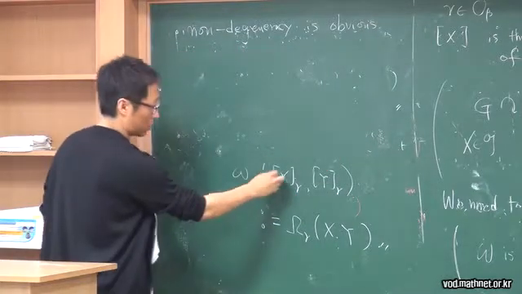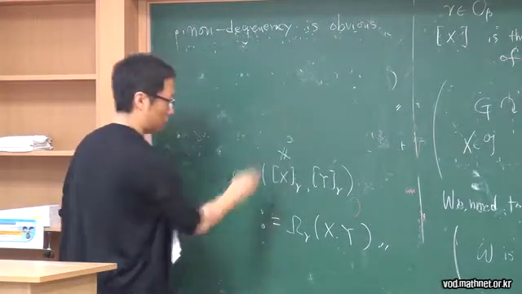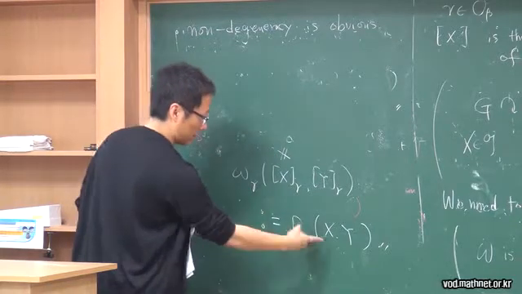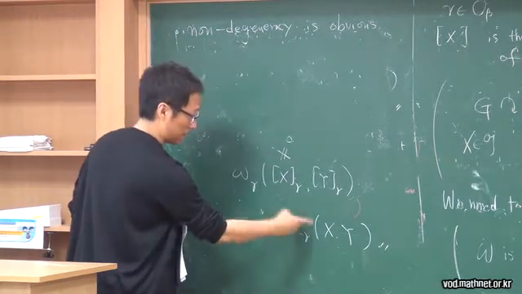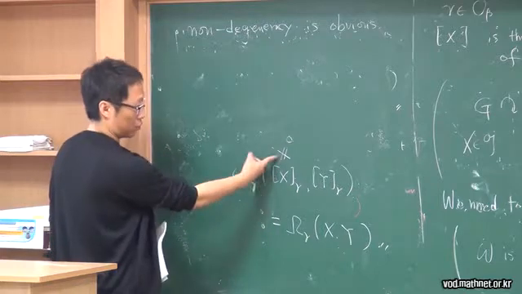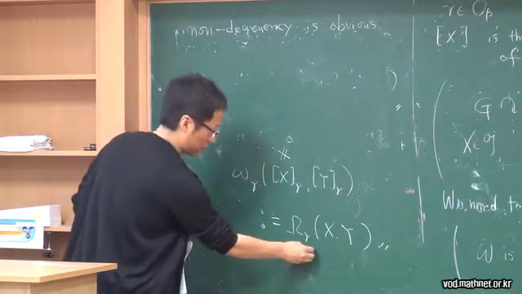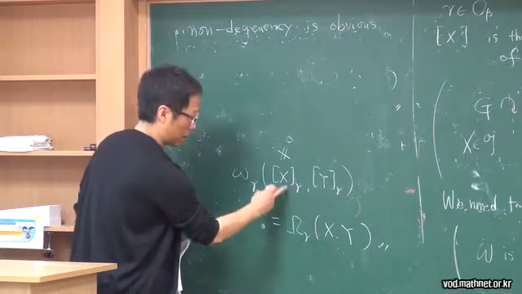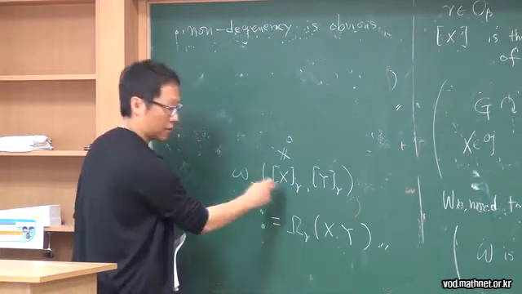Because if we take some non-zero here, then there is, so if we take this one non-zero, then because, which means that x is not in the corner.